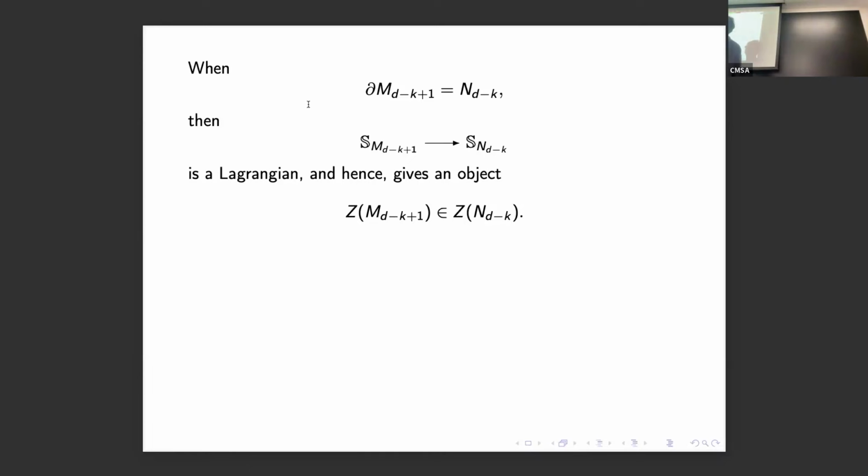So, for example, remember when k is 1, this is just a vector space, and this is just a vector. When k is 2, in the codimension 2 case, this will be a category, and this will be an object in that category. And what's very nice from this point of view is that all these extra higher structures are supposed to just come from quantizing these classical fields and maps between them. And that seems to be an idea that I hadn't quite appreciated properly before these papers.